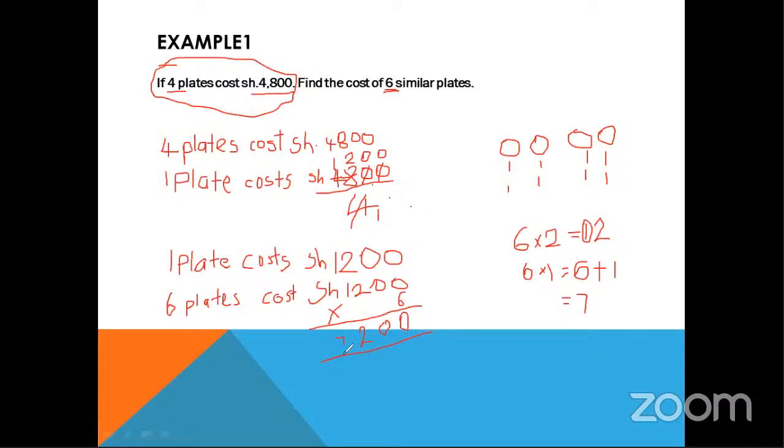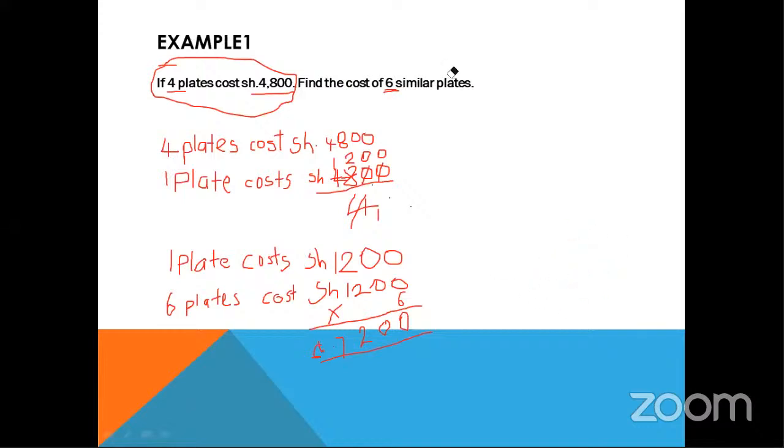So the cost of 6 similar plates, you will buy it at 7,200 shillings. That is one method that you can use. But another method you can also use is this.